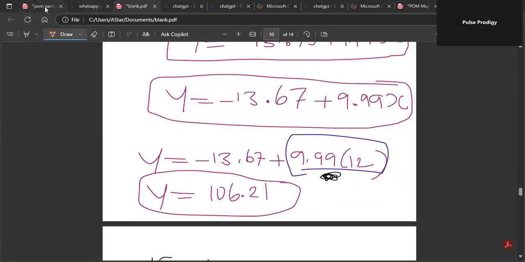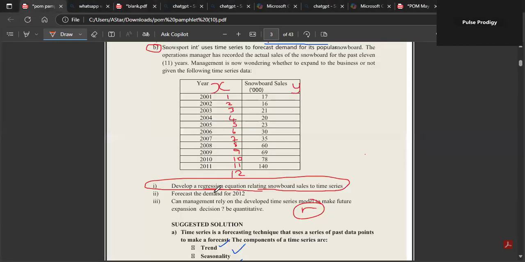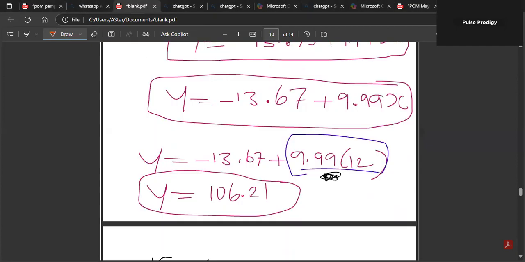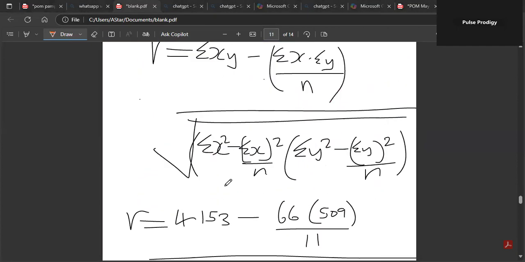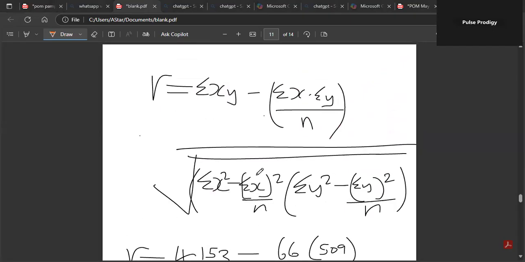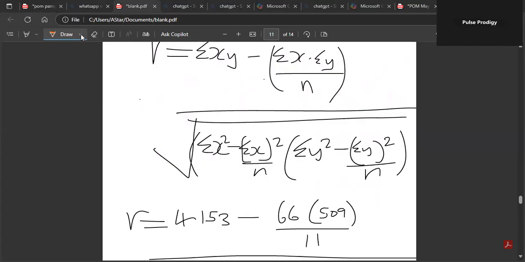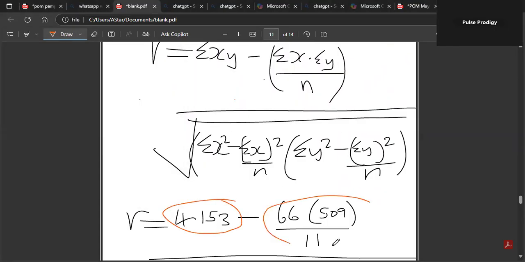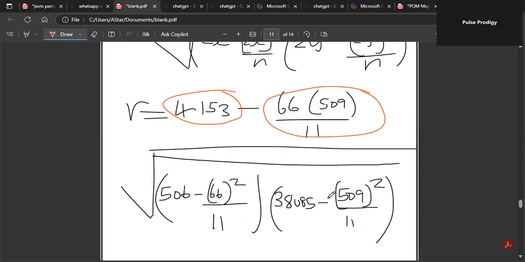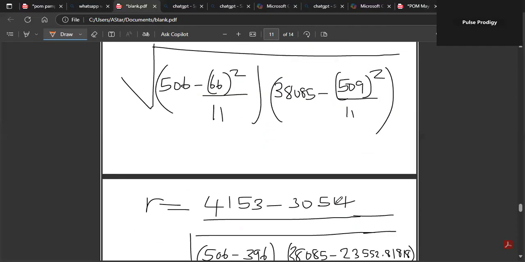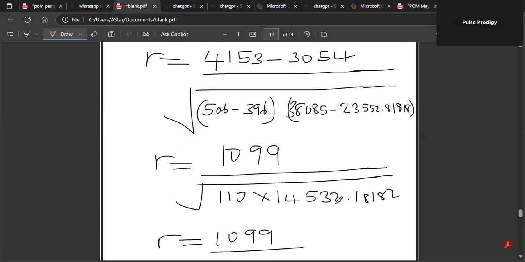Then management relies on this information. If the correlation coefficient is positive, then they can rely on the information. So you get the coefficient of correlation using this formula here, substituting the values that we have from manual computation.